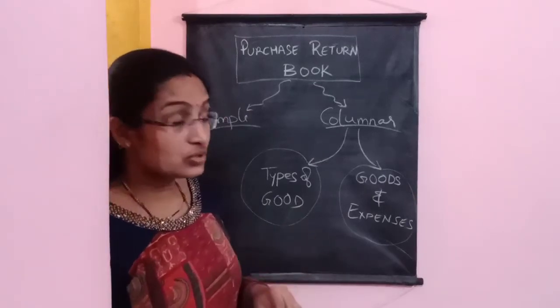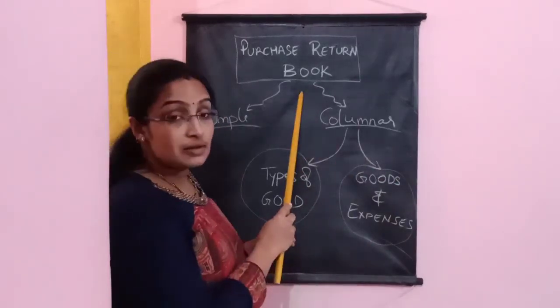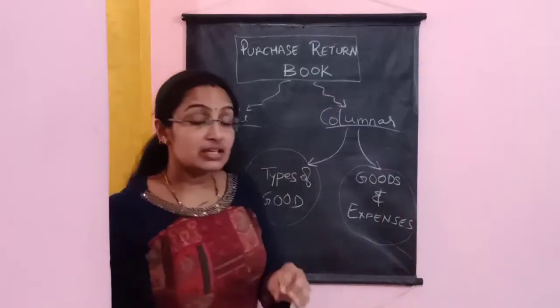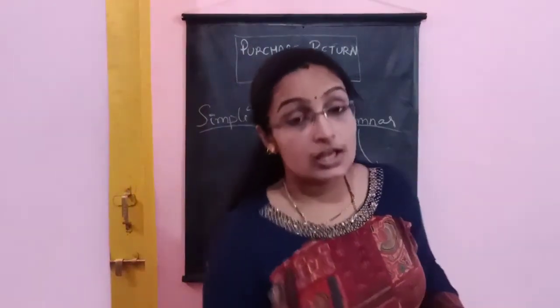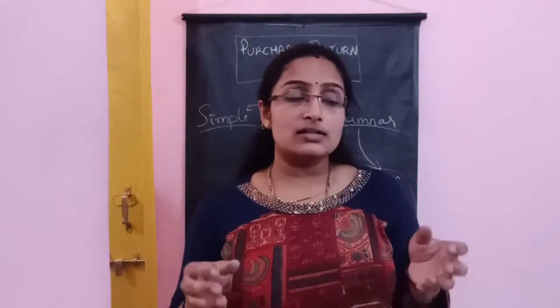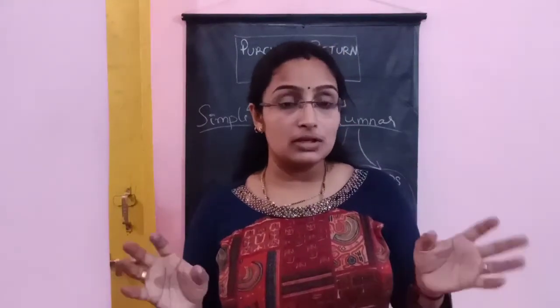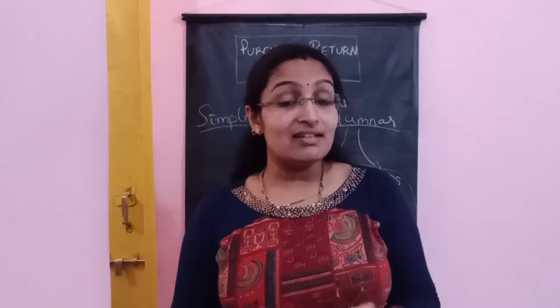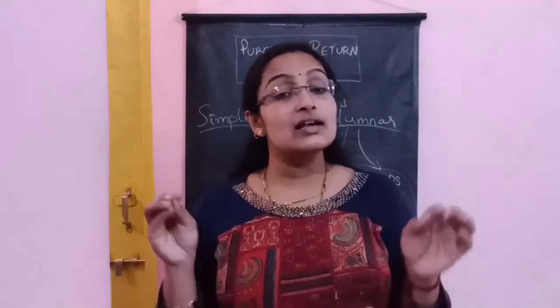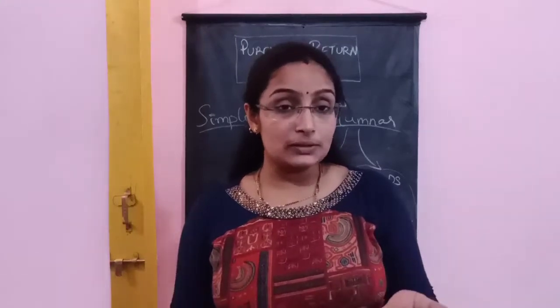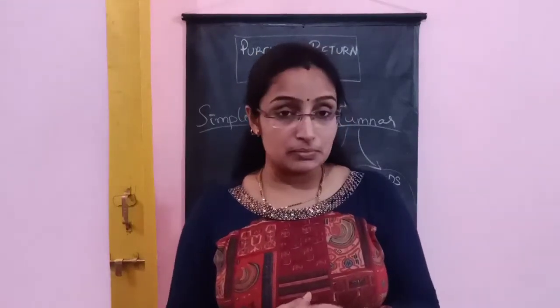One thing to be noted is that the purchase return book will have as many columns as there are in the purchase book. If a trader maintains a simple single columnar purchase book, then his purchase return book will also be a single columnar simple purchase return book.